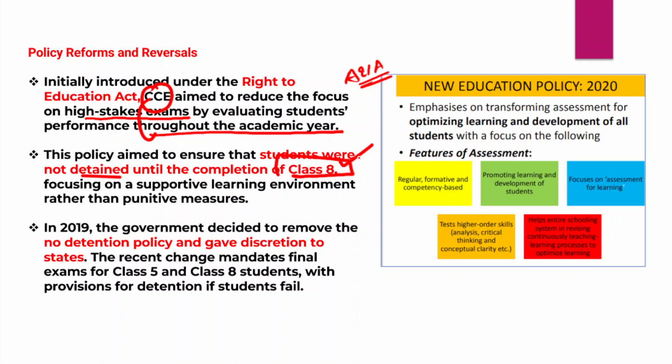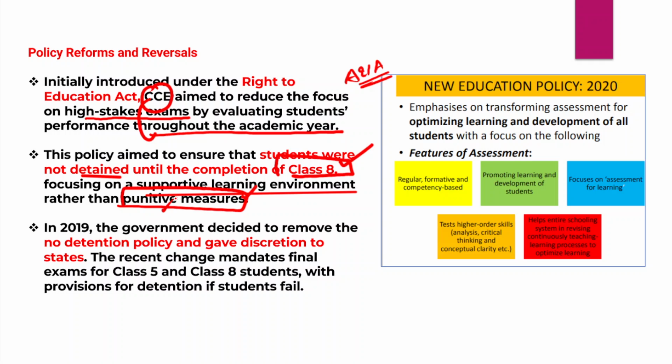So thereby focusing on a supportive learning environment rather than punitive measures, right? So what is the punitive measure here? If a student is not able to pass class 5 or class 8, a punitive measure will be implemented to make sure that he reappears for the same exam until he passes the exam, and that is the punitive measure.